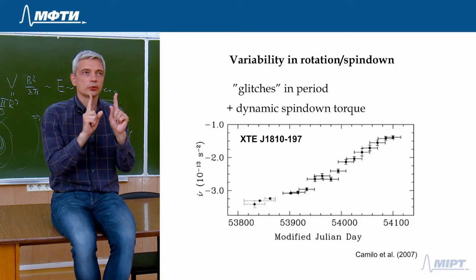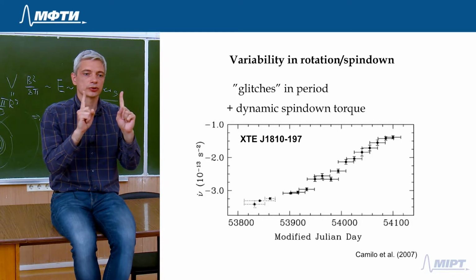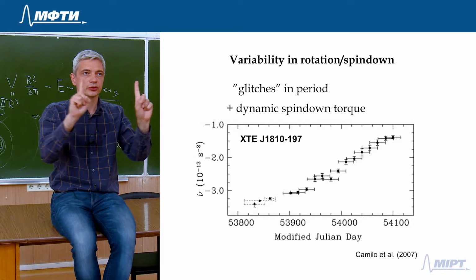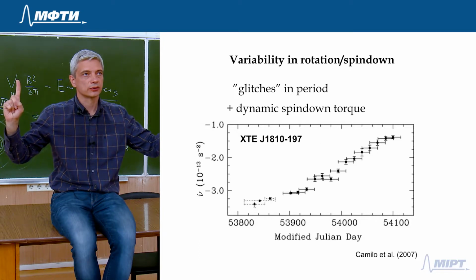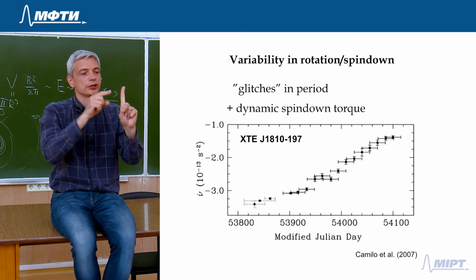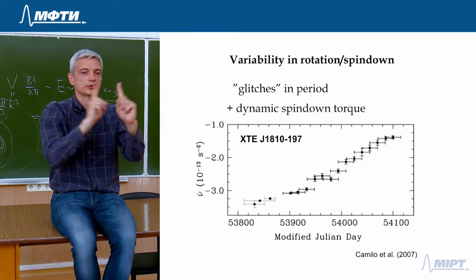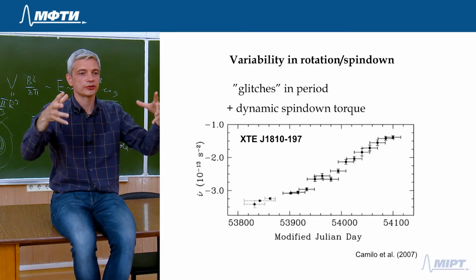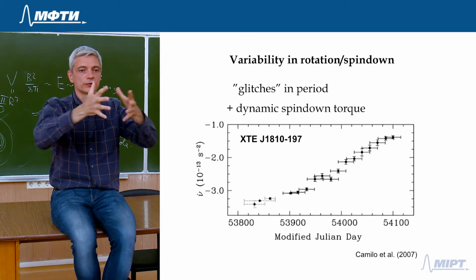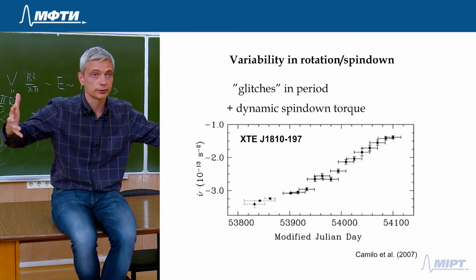The only way for the neutron superfluid to rotate slower and slower is to move these vortices away from the axis, because each vortex is basically a single line, a quantum of rotation. If you fix the position of the vortices, you fix the profile of angular velocity of the neutron superfluid.